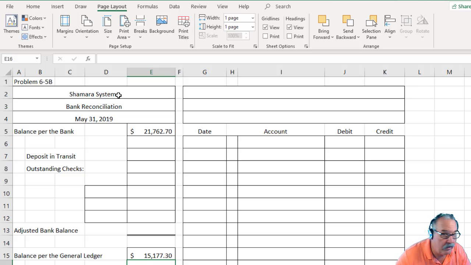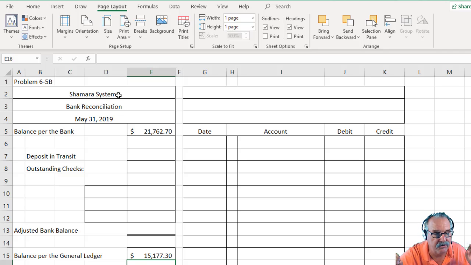So the first thing that we are going to identify are deposits in transit. So if we literally take what they've given us, the general ledger at the bottom of the page, and this is on page 265. They've given us the general ledger, and they've given us the bank statement. So we look at the bank statement, and we start checking everything off the bank statement on both sides.